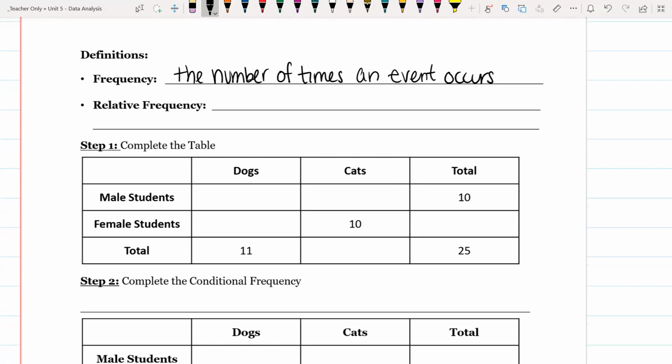But relative frequency is the ratio of the number of times an event occurs to the number of trials performed.